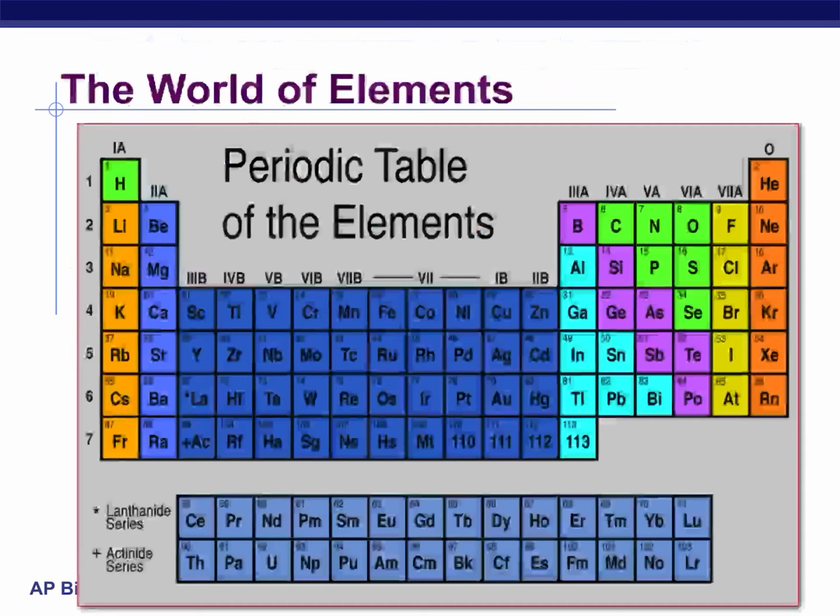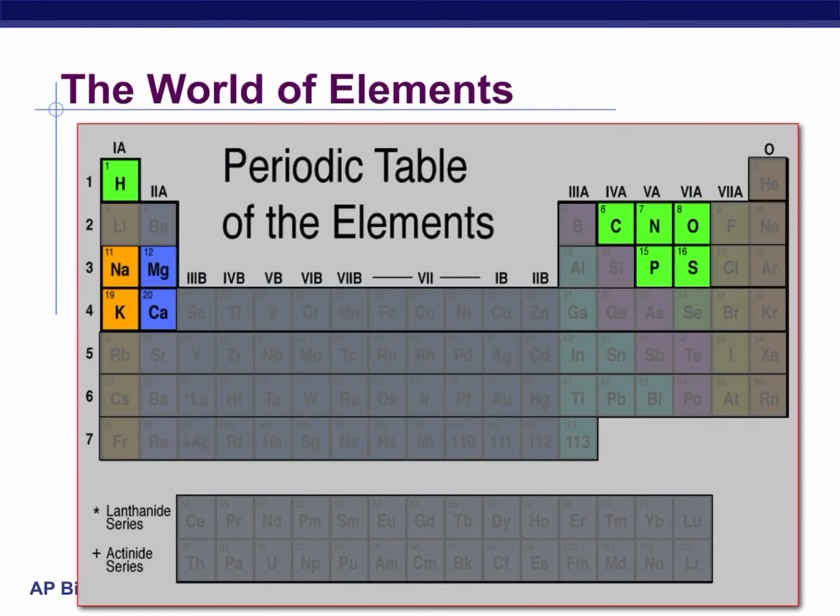So we need to begin by discussing the periodic table. Obviously, this is a picture of the entire periodic table, which will not be good for our purposes in biology. Luckily, in biology, we get to focus on just a few elements. Our most important elements are carbon, nitrogen, oxygen, and hydrogen.